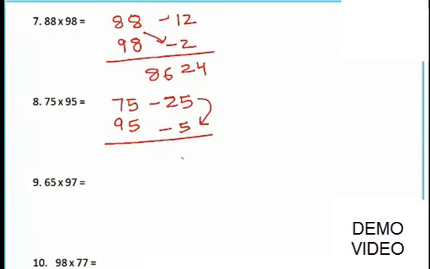So 25 5s are 125. We'll write 25 and 1 will be carried over. Now 75 minus 5 is 70, and with this 1 we'll get 71. So the answer is 7125.